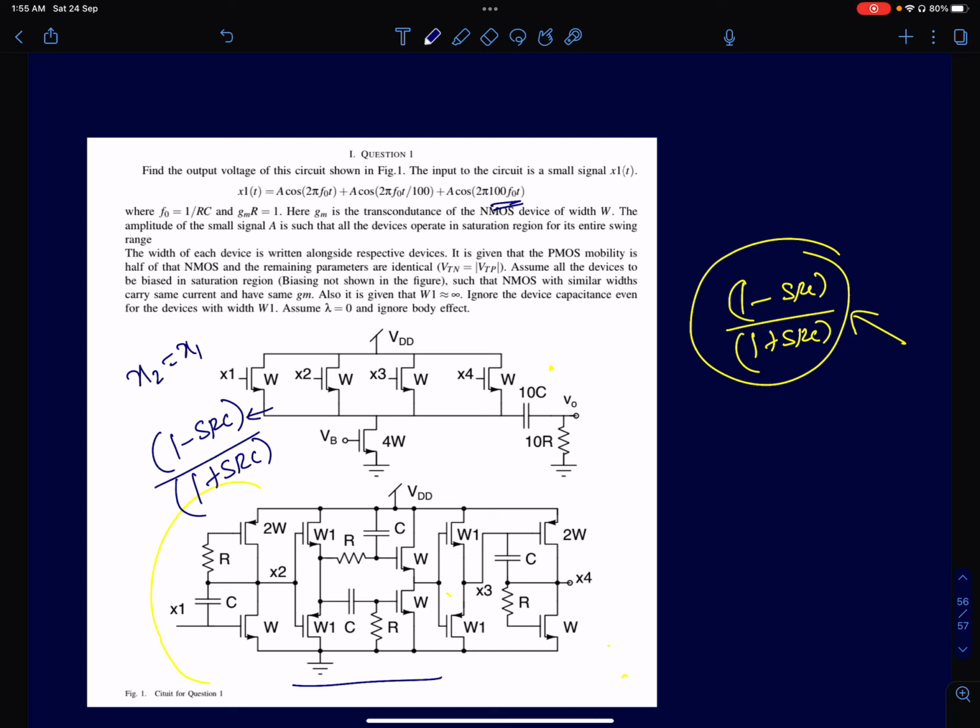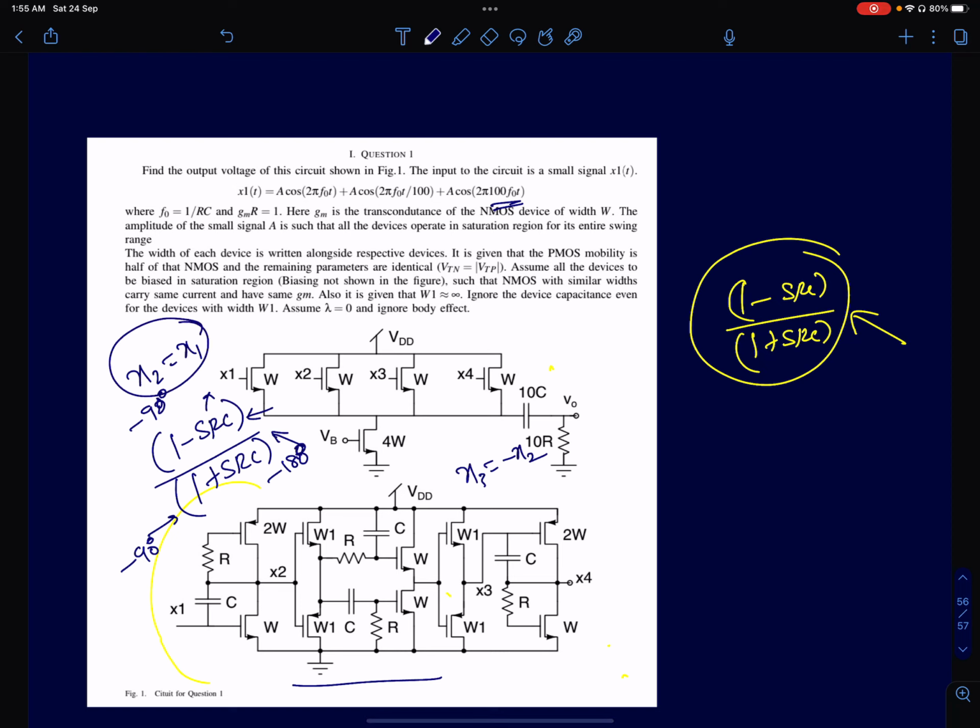At infinite frequencies, if you recall, a few moments ago, we said 1 minus SRC by 1 plus SRC, the numerator will cause a phase shift of minus 90. Denominator will cause a phase shift, it's a single pole system, so minus 90. And numerator is a 0, maximum right of plane 0, so maximum for phase shift is minus 90. Total phase shift is minus 180 degrees. So X3 will be minus X2.